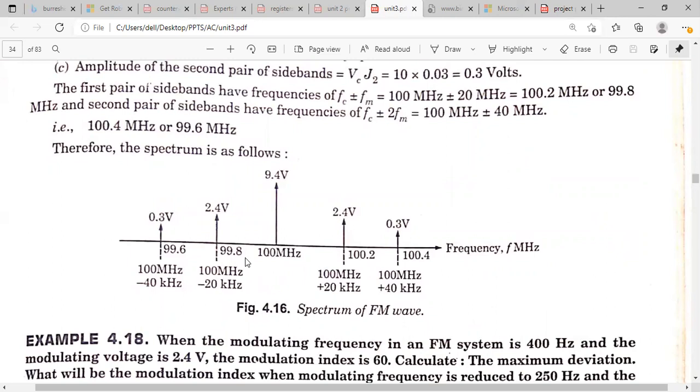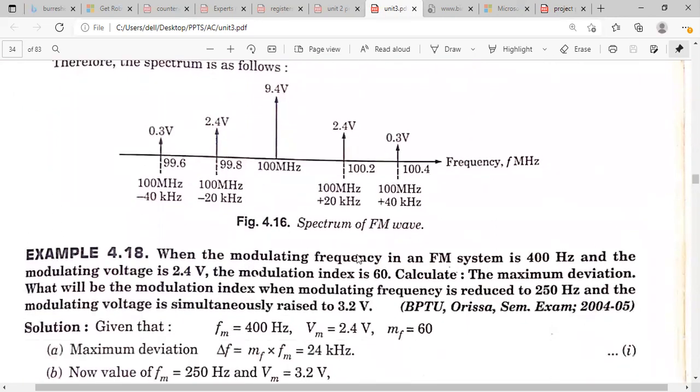Next, when the modulating frequency in an FM system is 400 hertz, FM is given, and the modulating voltage is 2.4 volts, VM is given, and the modulation index is 60. Calculate the maximum deviation. To calculate the deviation, we know that delta F is equal to the modulation index into FM.